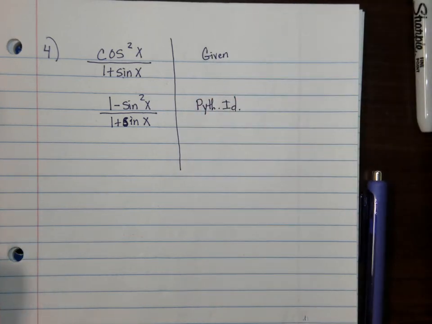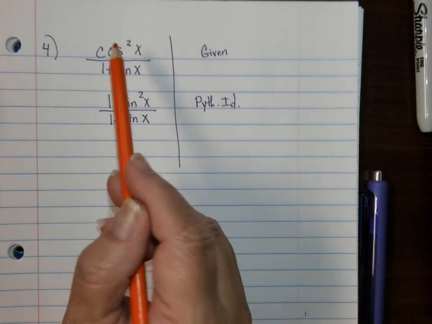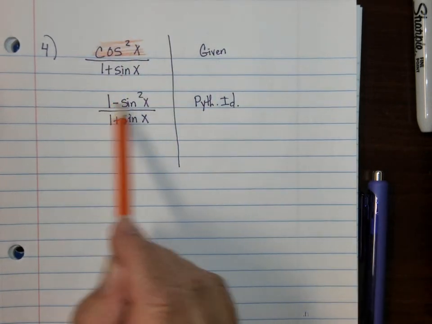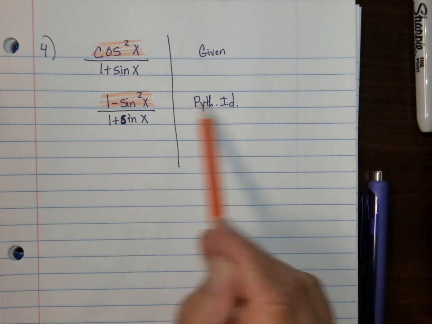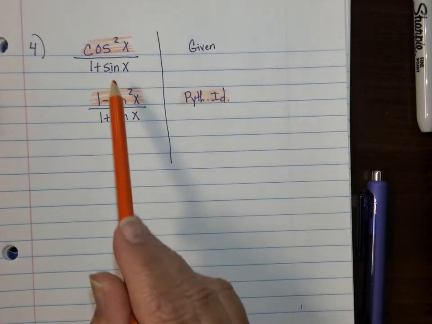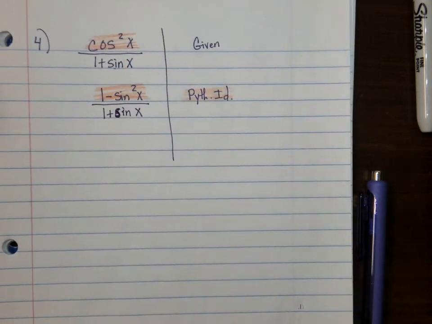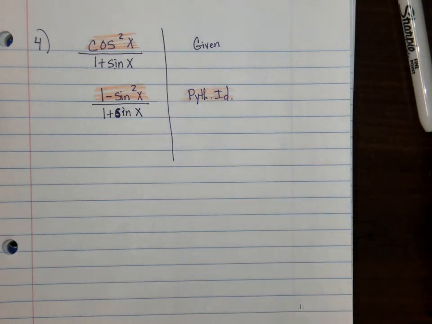So, what was it that we did here? We took this cosine squared x and changed it into 1 minus sine squared x by the Pythagorean identity. Everything else stayed the same. So if it helps you to think in a 2-column proof and see what you're doing, some people like to do it that way.